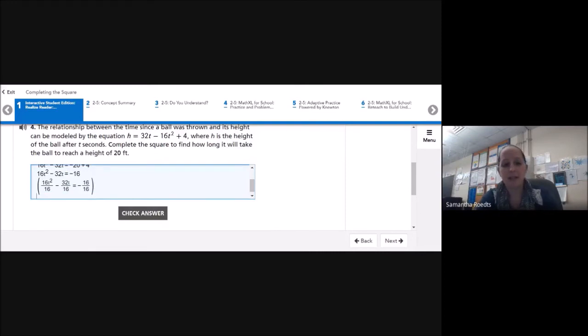So 16 divided by 16 is t squared. 32 divided by 16 is 2t. And negative 16 divided by 16 is negative 1.